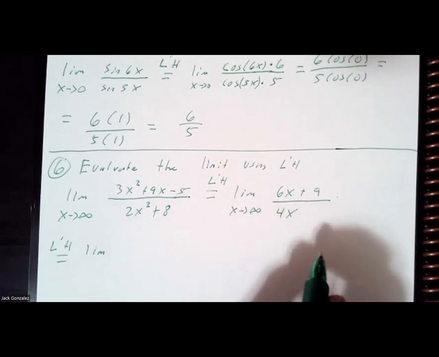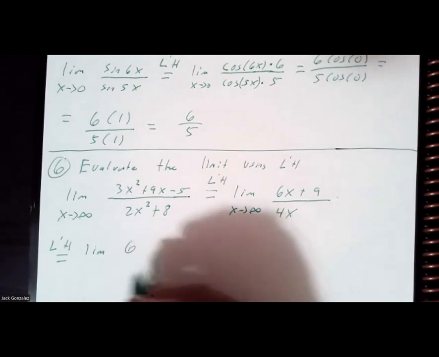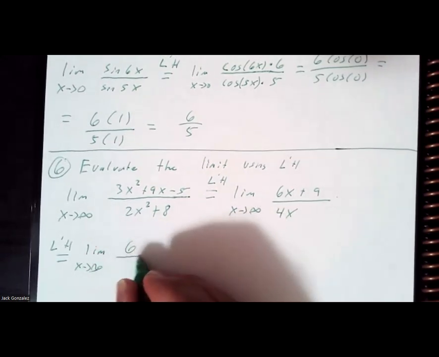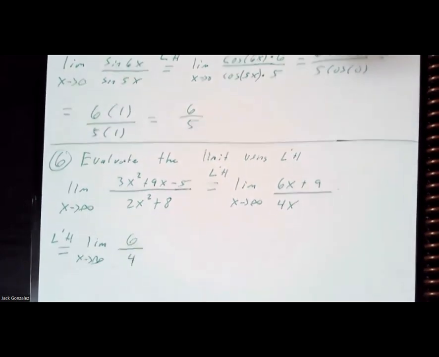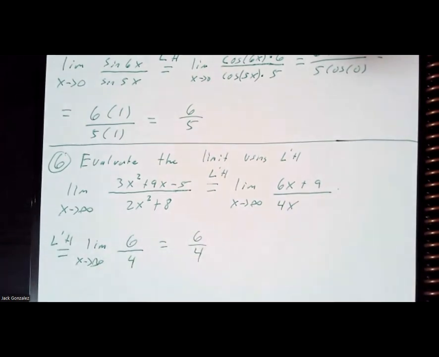So derivative of the top will be 6 over 4. So the limit would simply be this.